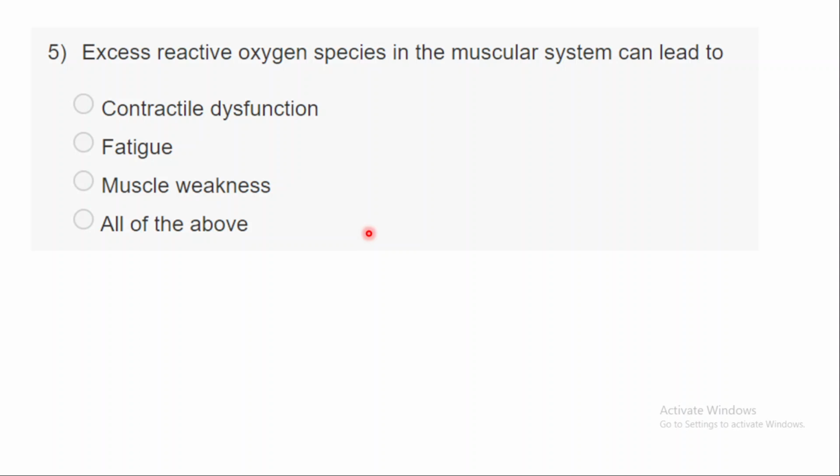Now, which of these disparities do you think will happen if there is an excessive production of ROS in the muscular system? Is it contractile dysfunction, muscle fatigue, muscle weakness, or all of the above? Let me know what you think is the correct answer in the chat box. For students who have not answered yet, I would encourage everybody to participate.